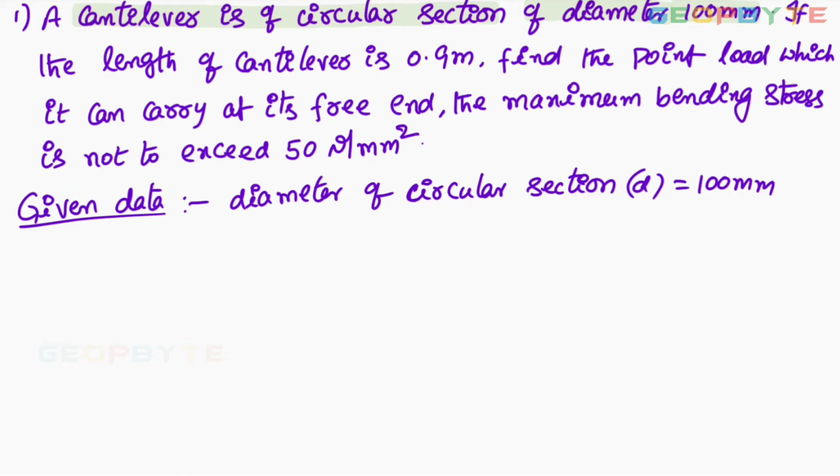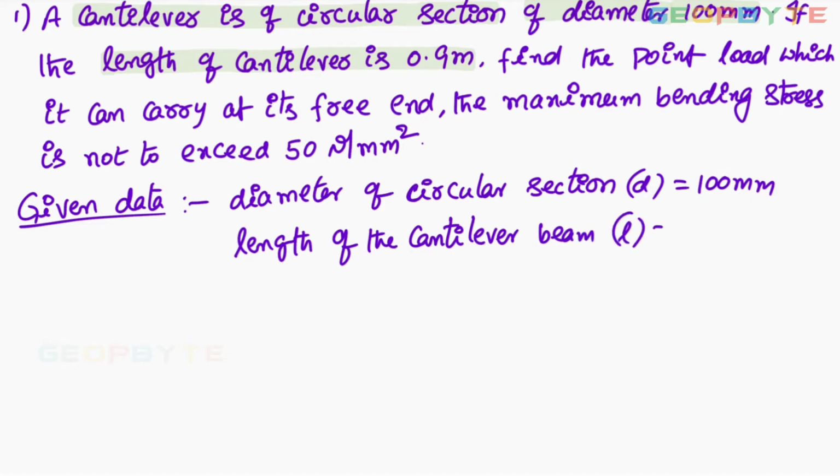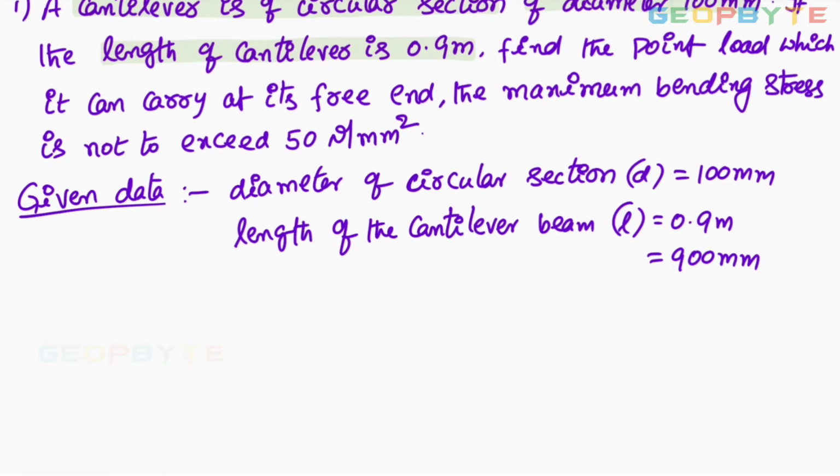If the length of the cantilever beam is 0.9 meters, L equal to 0.9 meters, it is equal to 900 mm. Find the point load which it can carry at its free end.